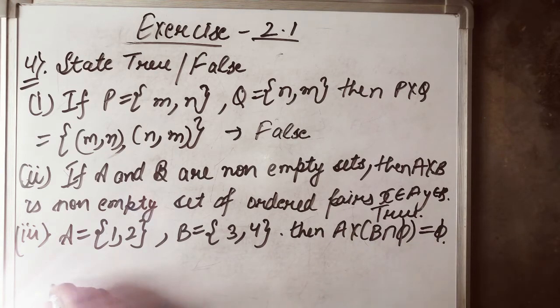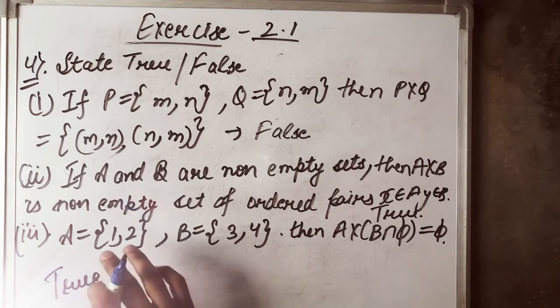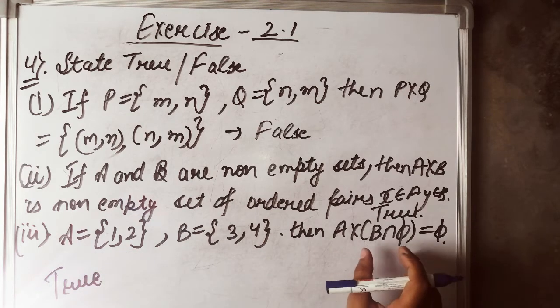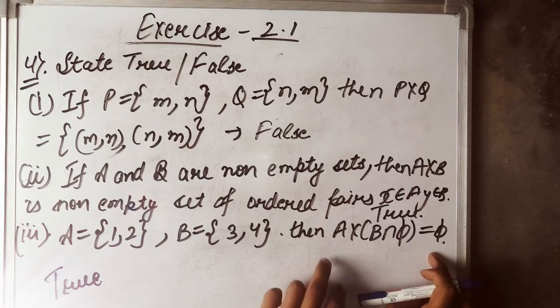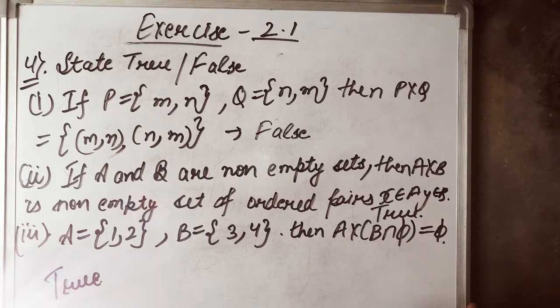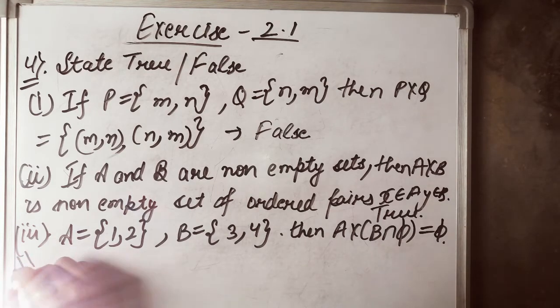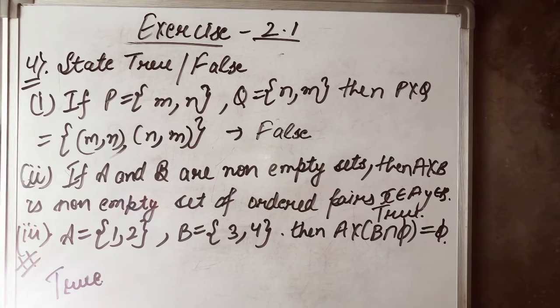Okay, this statement is also true because B also has 5 as a subset of it, and when we find the intersection of B with 5 we have 5, and multiplication of A with 5 we also have 5. Okay, this is a very important part of this question. This part has come in board exams many times. Okay, now let's have a look at the fifth question, but before that pause the video to note it down.